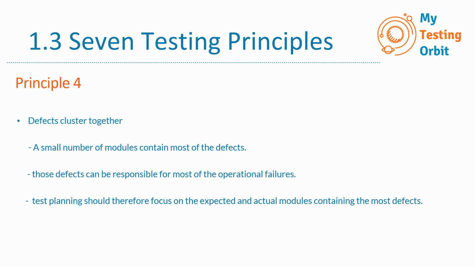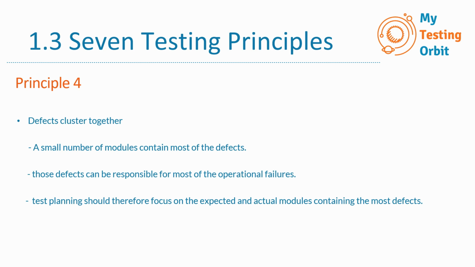Maybe the requirement was quite tough and complicated to implement, or maybe it was not clear. Maybe the person who captured the requirement also didn't have much idea of what is expected in that specific module. So this is what is meant by clustering of defects.